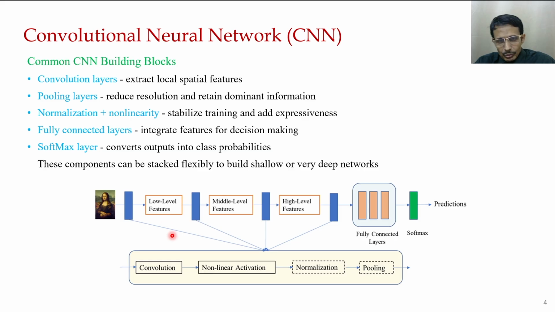One such level has convolution, nonlinear activation, normalization and pooling, and then several such layers with this kind of architecture follow. It may not be 4, it may be 40, maybe more than that. When the features are extracted, they are fed to the fully connected layers and ultimately the softmax to get the predictions.